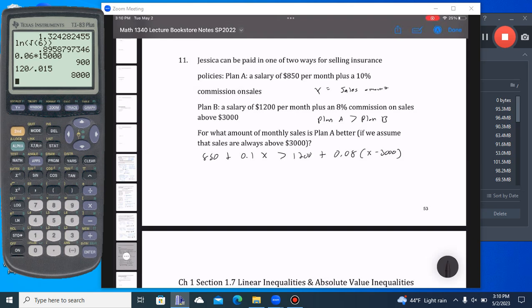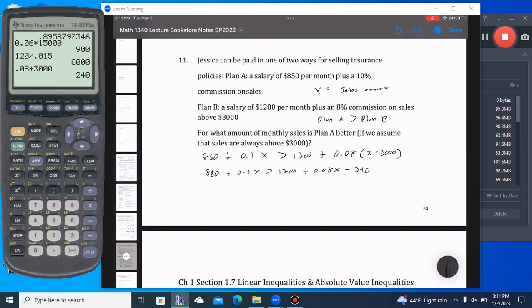So we will distribute that. We'll have 850 plus 0.1x greater than 1,200 plus 0.08x minus 0.08 times 3,000, which is 240.